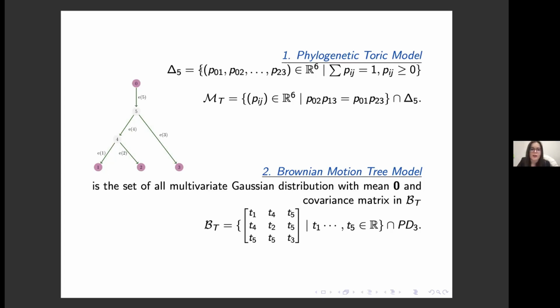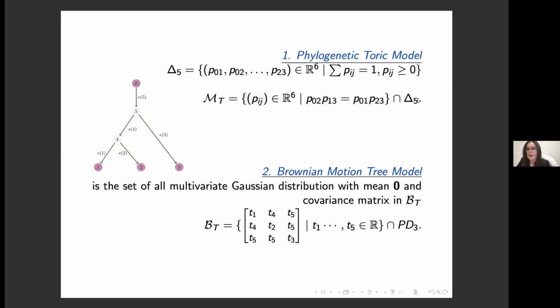Here, since the leaves are 0, 1, 2, and 3, we have p01, p02, and so on till p23. The model associated to this tree will be all the points p_ij in R^6 that satisfy this binomial relation, intersected with the simplex itself. So the model in this case is the intersection of a toric variety with the simplex.